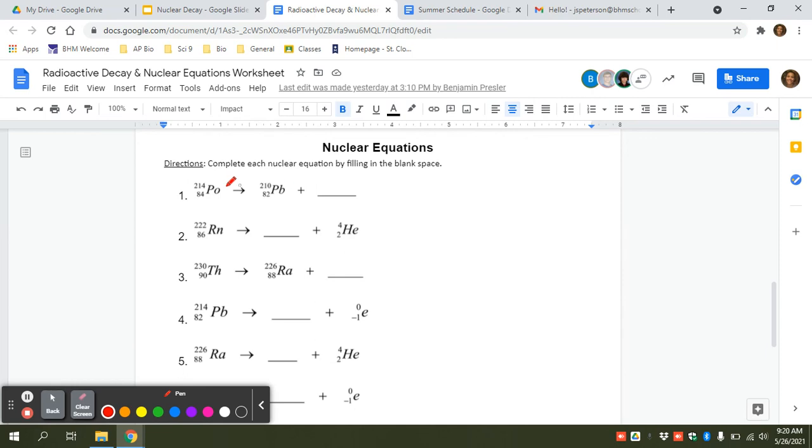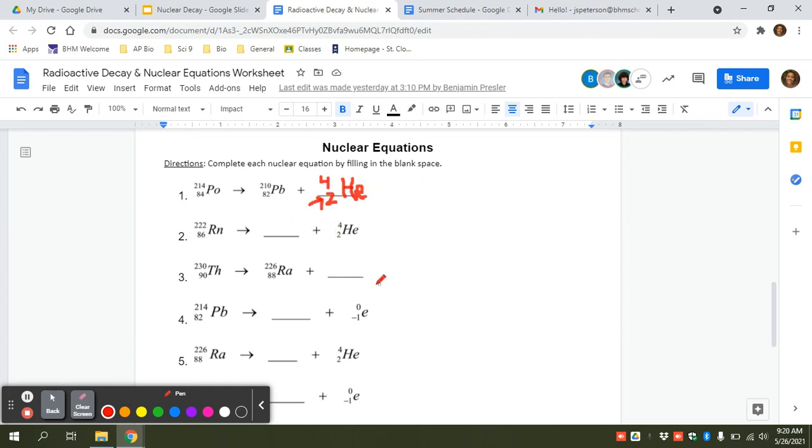If I do this quick subtraction, 214 minus 210, I have a 4 left over. When I do the bottom and my atomic number, 84 minus 82 is 2. And so when I look up what type of decay or what element this is, right? Element number 2, hopefully that's ringing a bell to our alpha decay type, and that is helium.